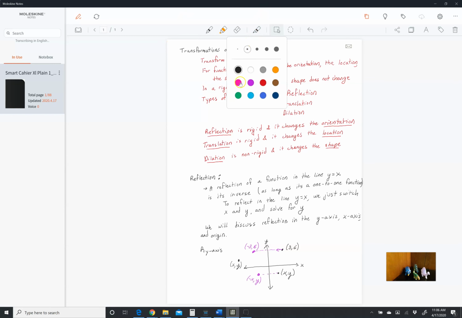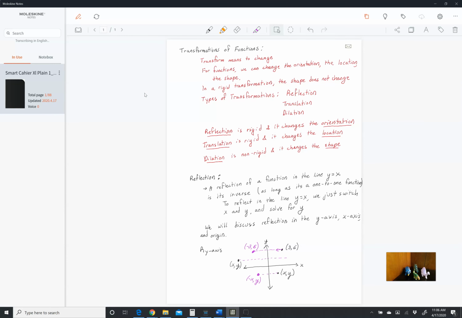Then if we find its reflection, the fact that x is negative here doesn't make a difference, because whatever our original x was, our new x is the negative of that. So if this is negative 10, then this is the negative of negative 10, which makes it positive. So this is still negative x comma y.